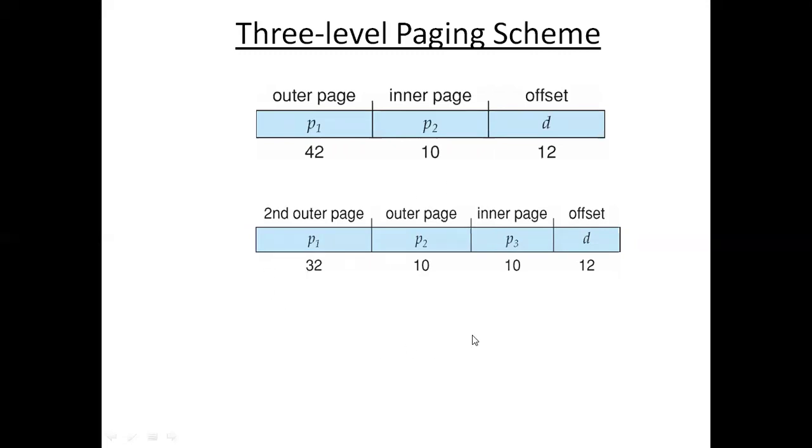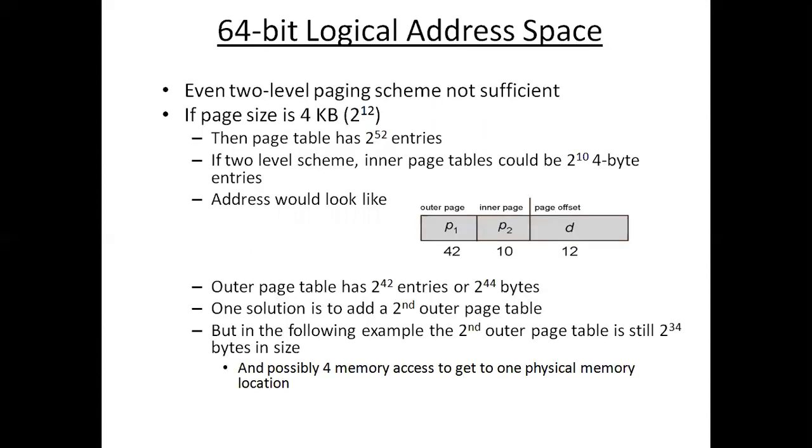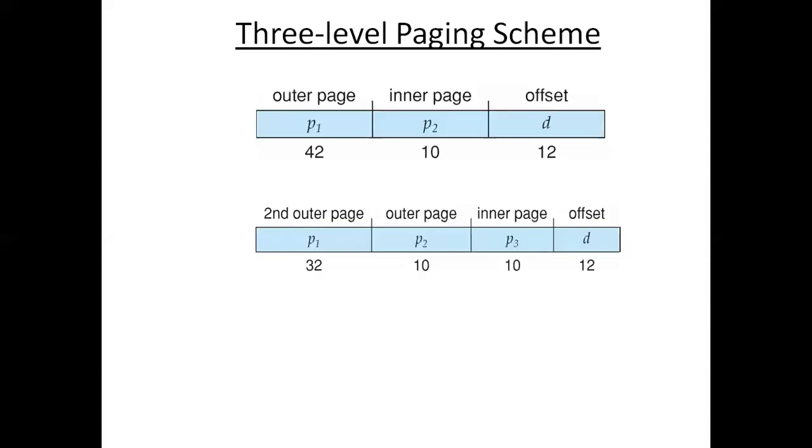Here you see this page table size is quite huge, right? So in a 64-bit logical address space, applying a three-level paging scheme will also lead to a page table which is too huge to be placed onto the physical memory.